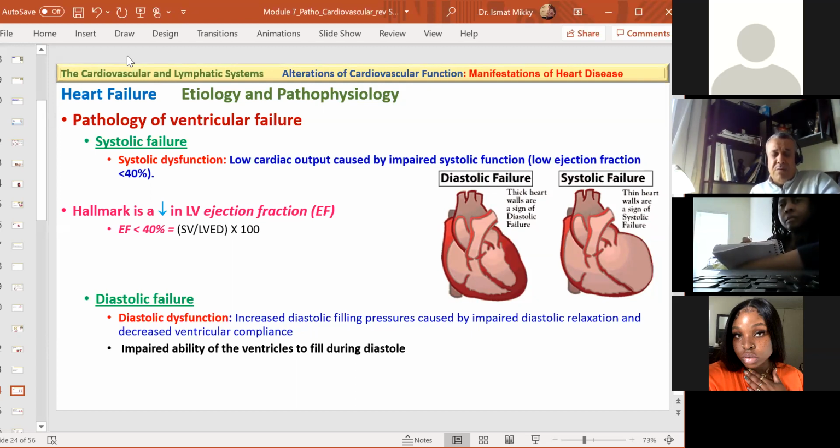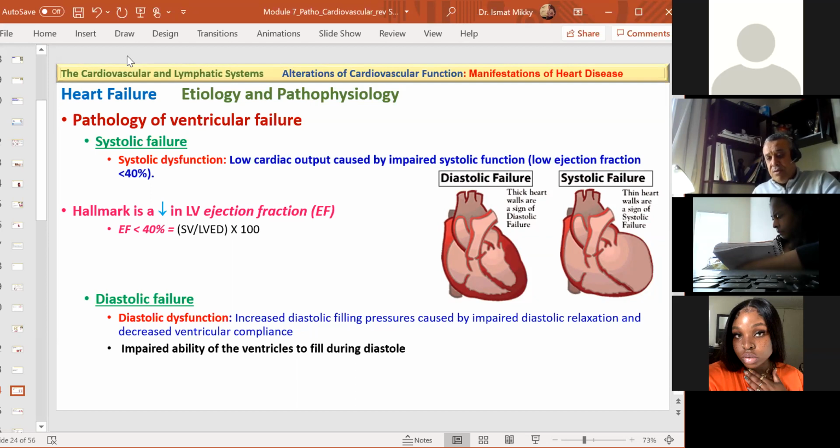With systolic, they have ejection fraction less than 40, but with diastolic, they tend to preserve a higher level of ejection fraction than patients with systolic. Their ejection fraction would be over 40, up to 50, but not higher than 50, because the normal ejection fraction is 50 or 55 up to 70 or 75.